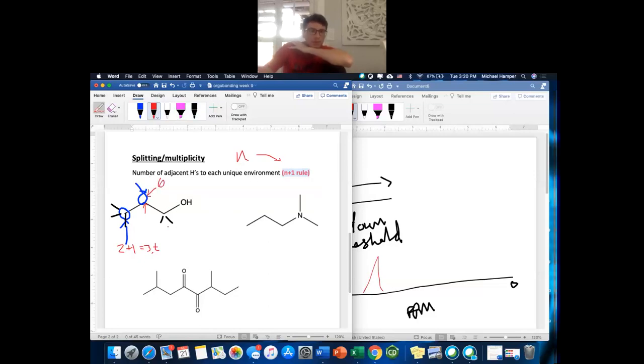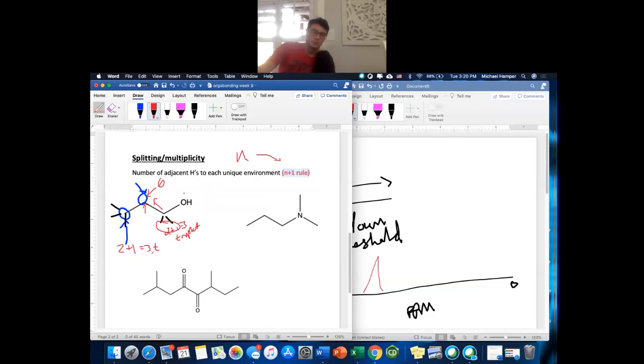And this signal here will be a triplet, because it has 2 neighboring hydrogens from over here. So 2 plus 1 is 3. In other words, it'll appear as a triplet. You're going to get it in organic chem too, but it's not something to worry about now.